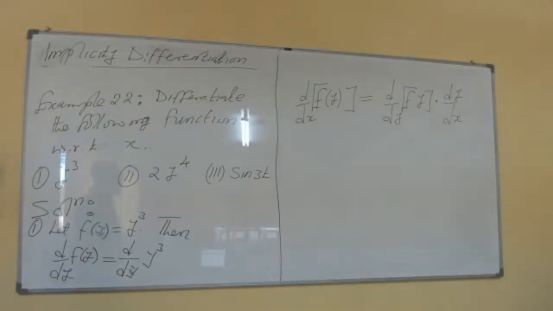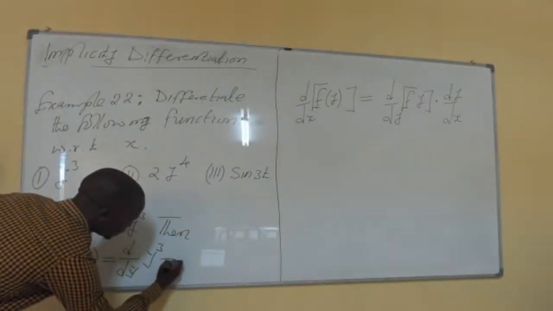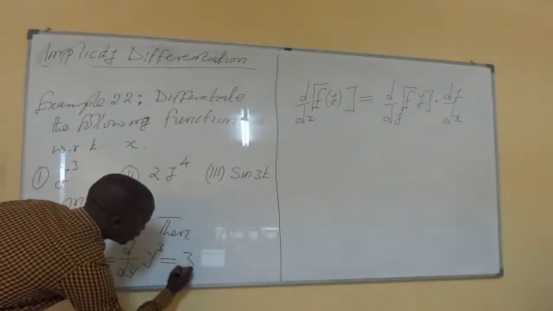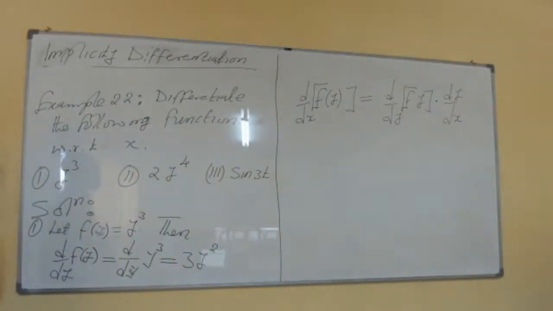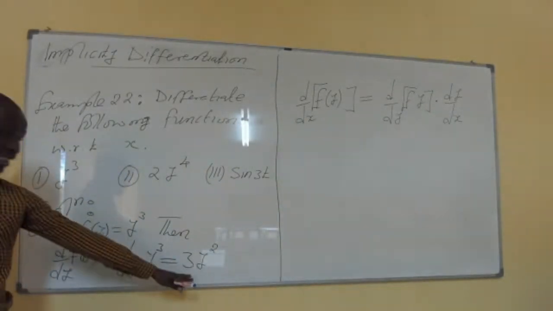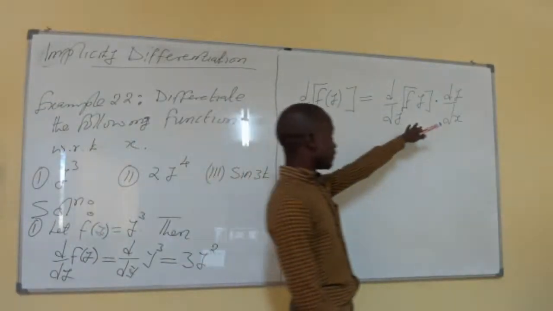Using the derivative methods, this is equal to 3y to the power 2. Then we substitute it into the given formula.